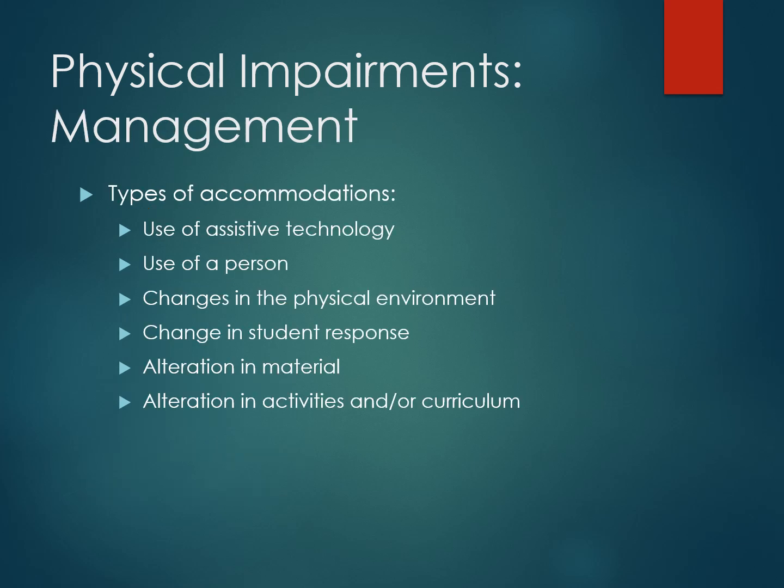And so if they qualify for services, of course, the team is going to work to develop a list of accommodations that help them access the curriculum, make progress in the curriculum, and be able to navigate the school environment. Again, you may have physical therapists or occupational therapists that are also part of this IEP team because they may need equipment, they may need special devices for physical limitations.